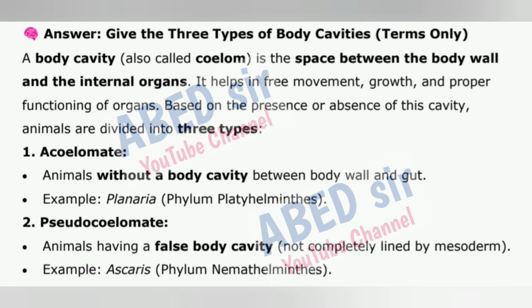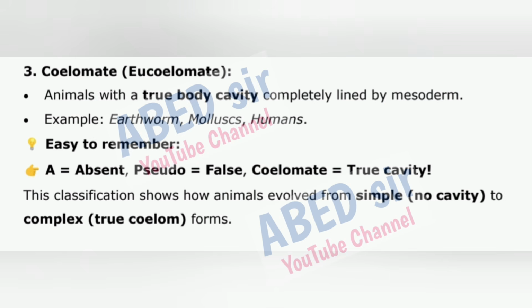1. Acoelomate. Animals without a body cavity between body wall and gut. Example: planaria, phylum Platyhelminthes. 2. Pseudocoelomate. Animals having a false body cavity, not completely lined by mesoderm. Example: Ascaris, phylum Nemathelminthes. 3. Coelomate, eucoelomate.